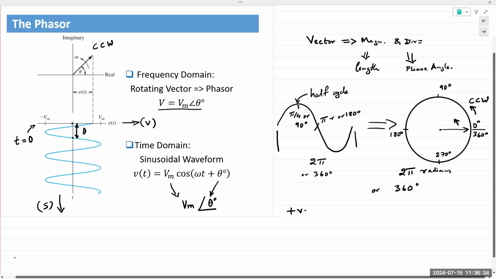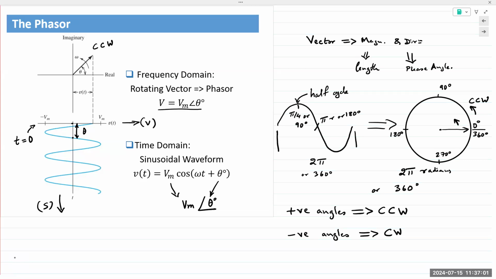Positive phase angles mean the vector is rotating in a counterclockwise direction. Negative phase angles mean they're rotating in a clockwise direction. So if a waveform had v of t equal to 10 cos of omega t minus 15 degrees, then it is rotating in the clockwise direction.